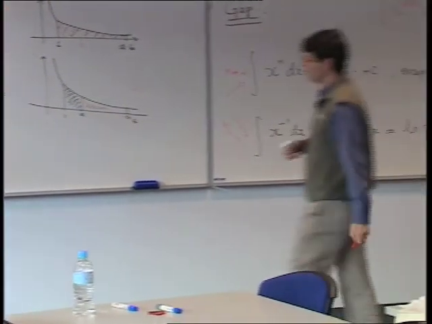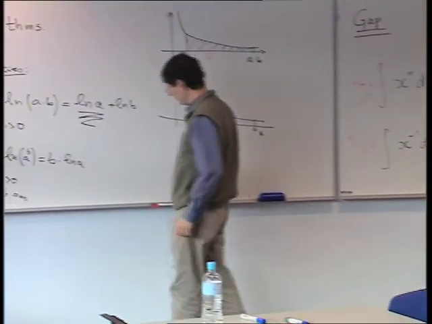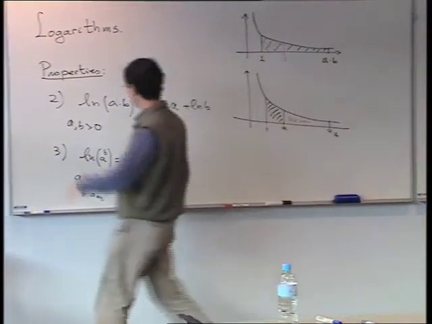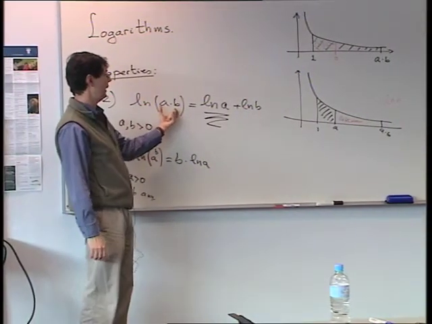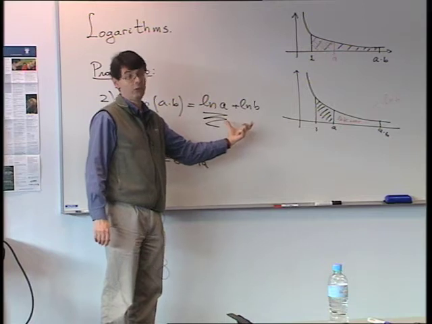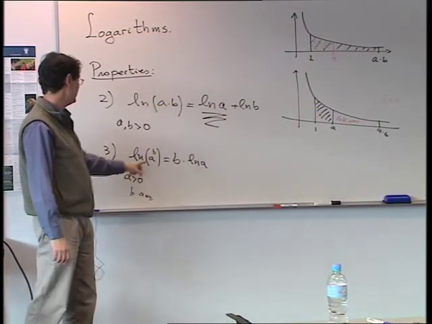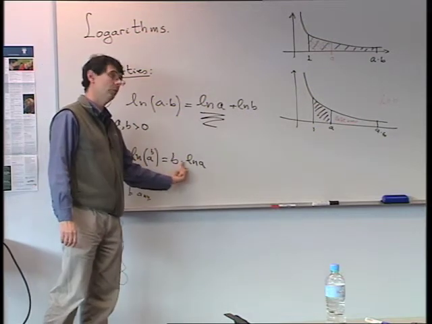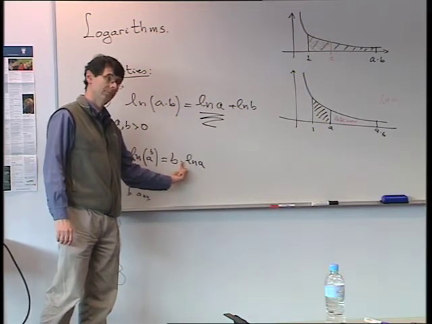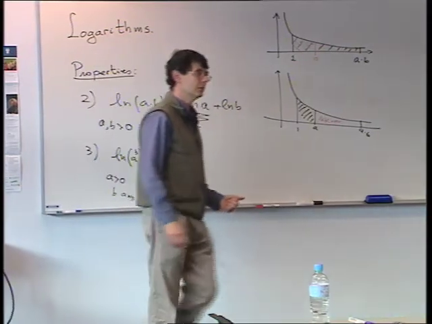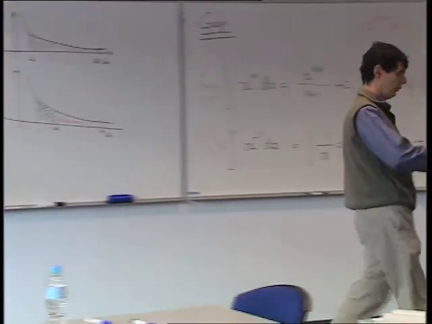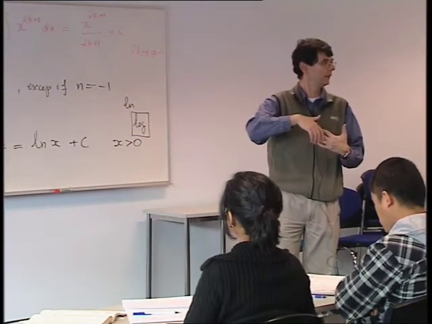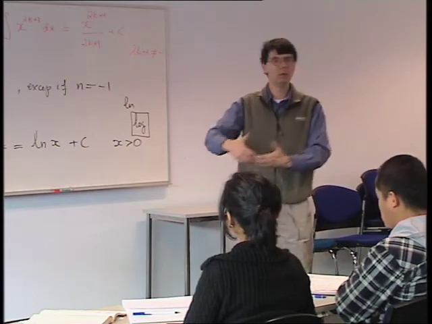So log continues on its great tradition of turning something complicated into something simpler. Okay? In property 2, it turned a product, a multiplication, into a sum, which is simpler. In property 3, it turns an exponentiation into a product, which is simpler. Log has all these wonderful properties, making complicated expressions a little simpler, except that you don't deal with A and B anymore.